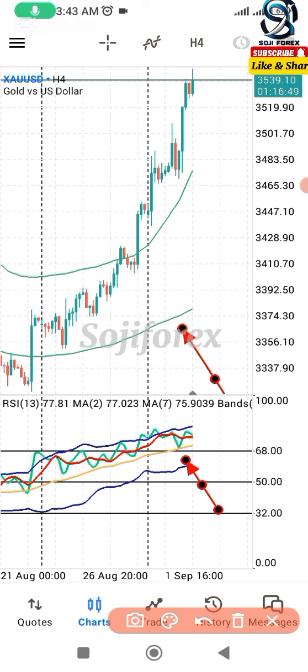So we have stated before now that one of the things we do is to identify our point of interest, which is very, very key to whatever we do, knowing what our point of interest is as far as price movement is concerned.